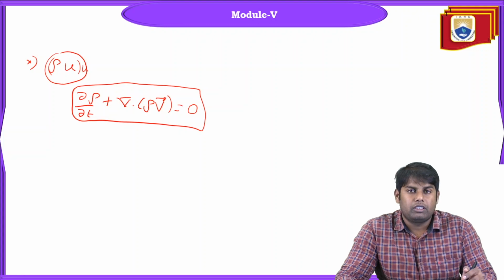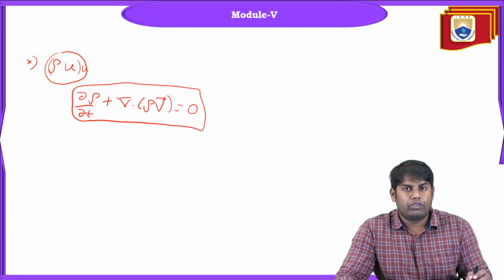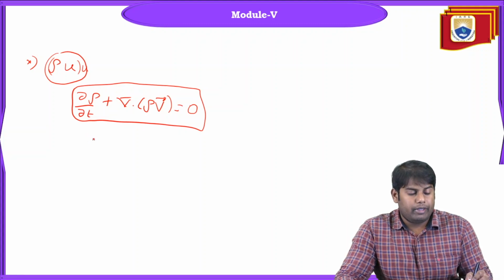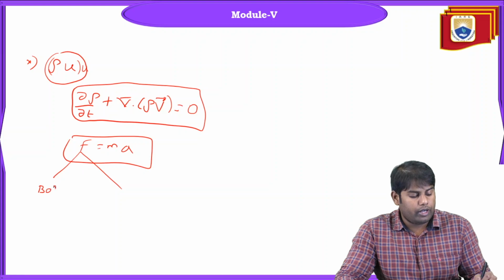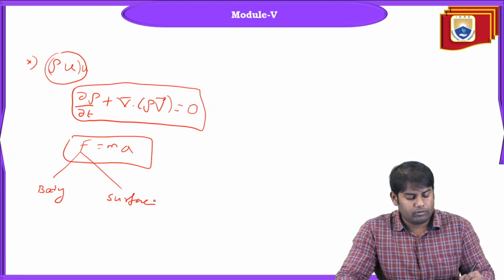Whereas in the momentum equation, from the Navier-Stokes equation, the basic thing is F equal to m into A. The forces are divided into two categories: body force and surface force.